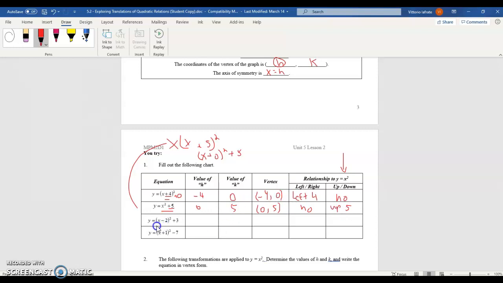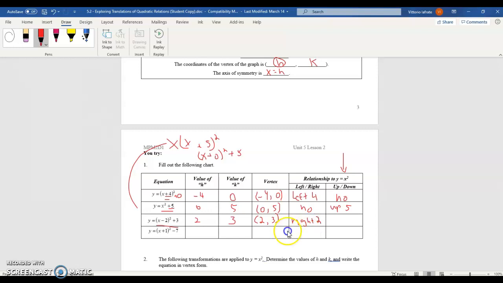Let's take a look here. Here we have a nice combination one. So we have an h. Our h is positive 2. Remember, change that sign in there. We have a k. Don't change the sign. Our k is positive 3. Our vertex is going to be (h, k), so (2, 3). Is there a left-right shift? There is, because there's an h. We know it's right 2.